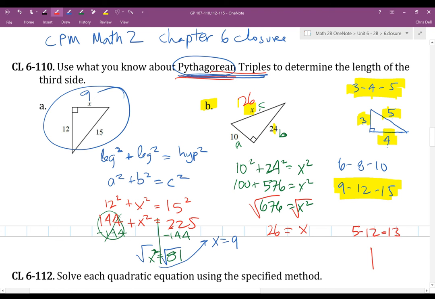If I had two legs of 5 and 12, then the hypotenuse is 13. And if I double that, with a scale factor of 2, 2 times 5 is 10, 2 times 12 is 24, 2 times 13 is 26. So that's why this 10, 24, 26 is also a Pythagorean triple. Okay, there we go.